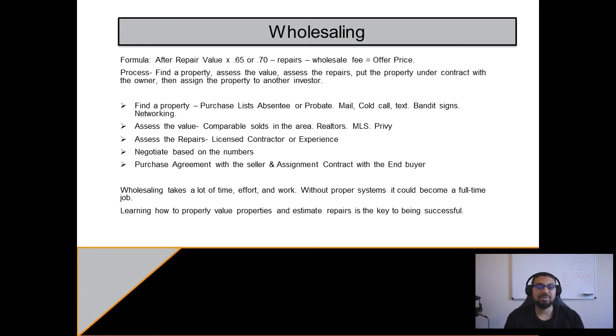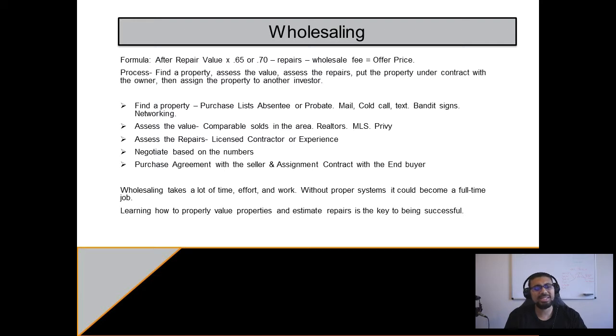In my market, 0.65 is kind of the go-to number. Other markets could be 0.70, 0.75. It just really depends. And then once you have that number, you want to subtract the repairs that are needed. So you've got to be able to estimate repairs. And then your wholesale fee. That's the fee that you're going to get once you sell it to an end buyer or another investor. And that equals your offer price to the current owner or seller.